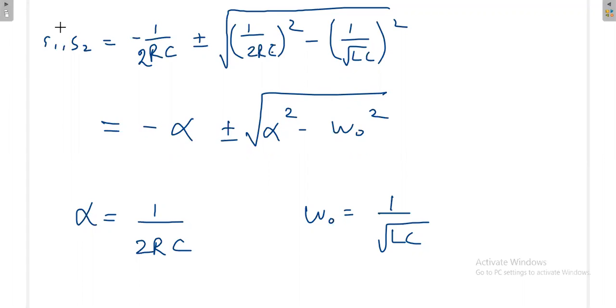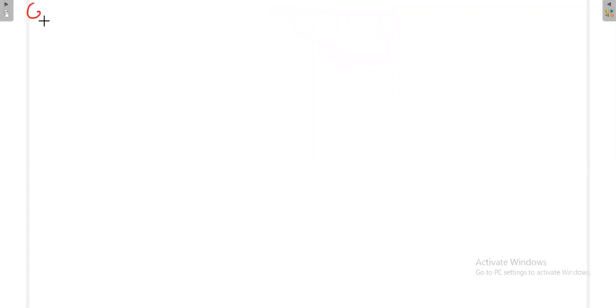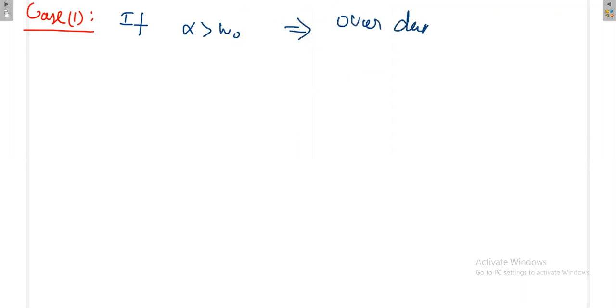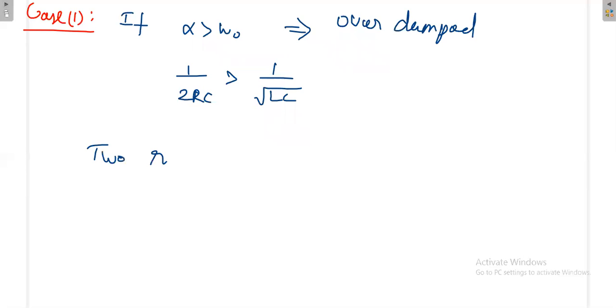Now case 1: if alpha is greater than omega naught, we know this is over damped. That means 1 by 2RC is greater than 1 by square root of LC. Then the two roots are negative, real and unequal. They are not equal.